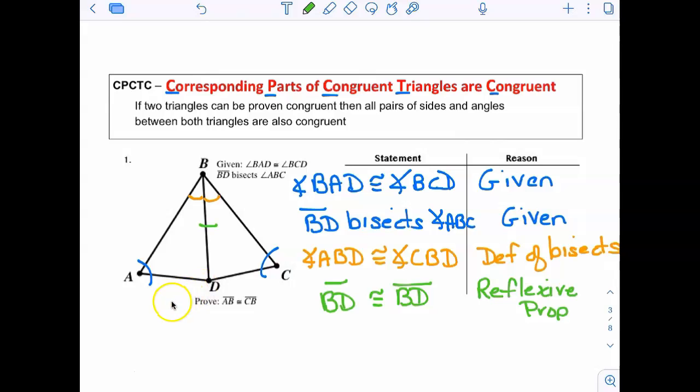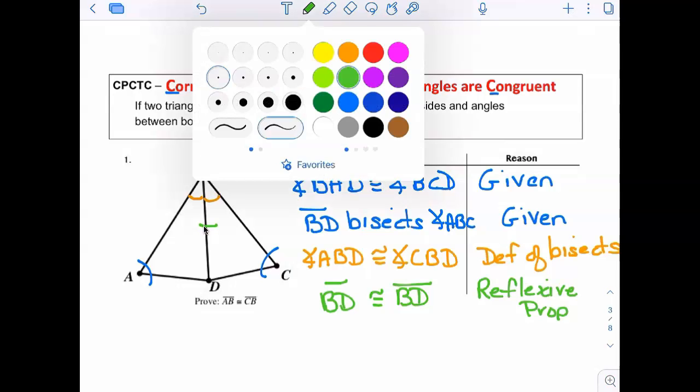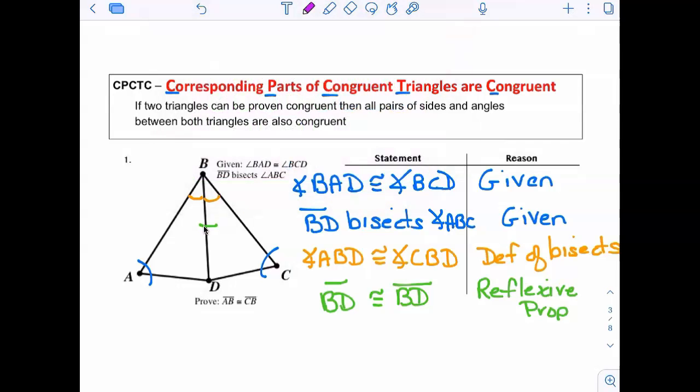Okay, so now we can state that this triangle on the left, triangle ABD, is congruent to triangle CBD, and that would be by angle side. Triangle ABD is congruent to triangle CBD. And again, that is by angle side.